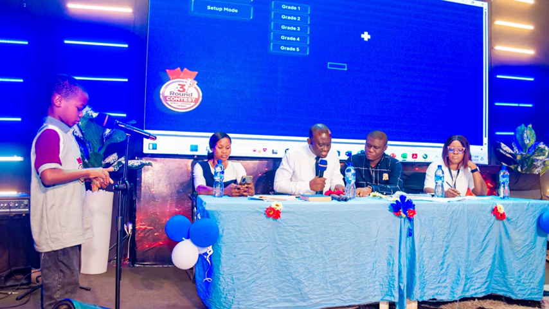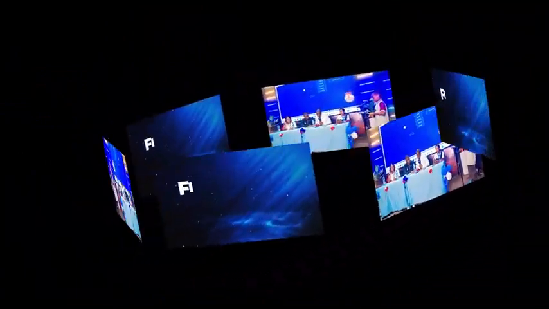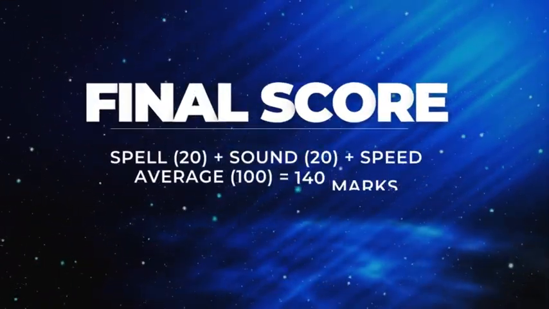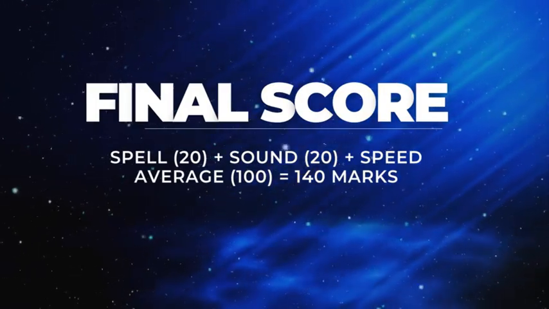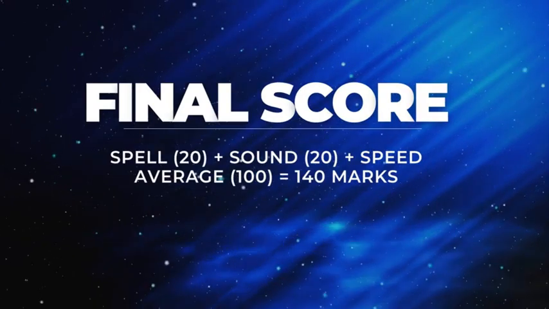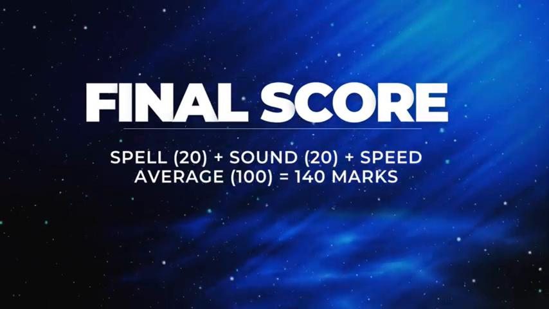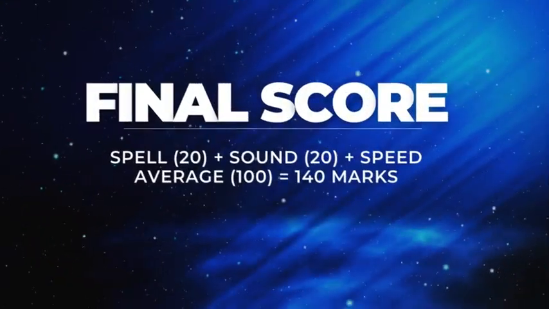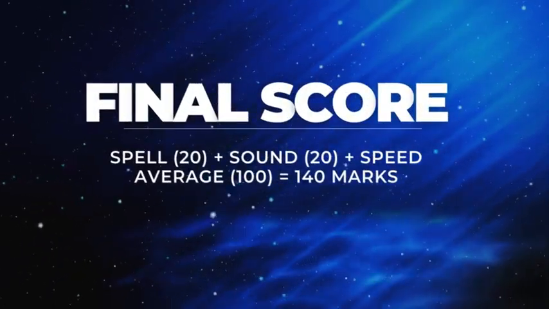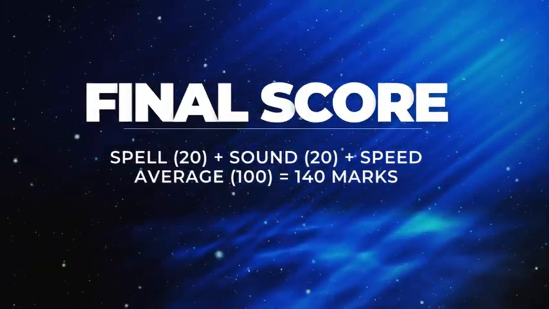Here is what makes this contest genuinely fair. The final result is not decided by the speed round alone. Every round counts. A contestant's final contest score is the sum of their spell round score, their sound round score, and their averaged speed round score.